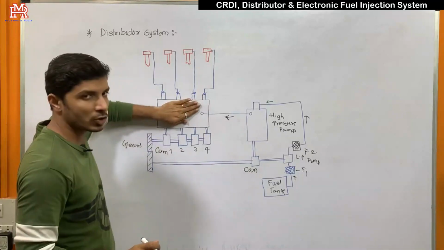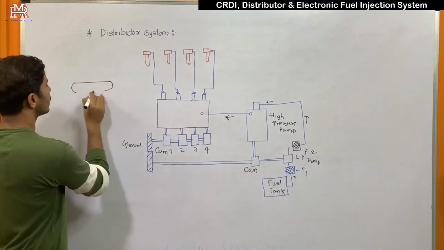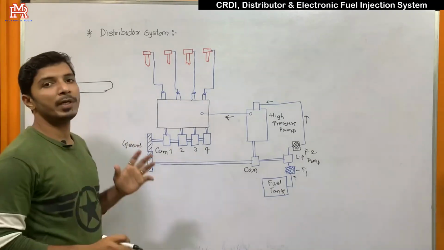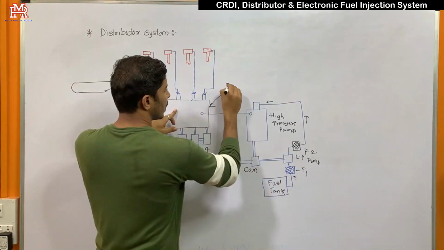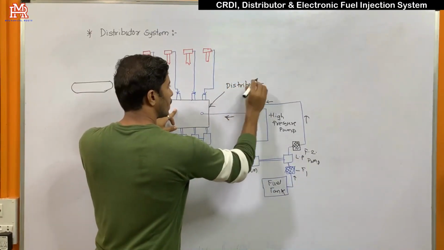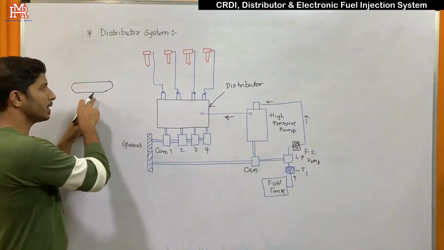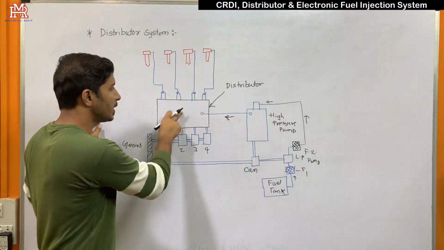Now, as in the case of CRDI, we know that we have used an accumulator, but there is a little bit of difference as far as this distributor is concerned. So there is a difference between the accumulator in the CRDI system and this distributor.